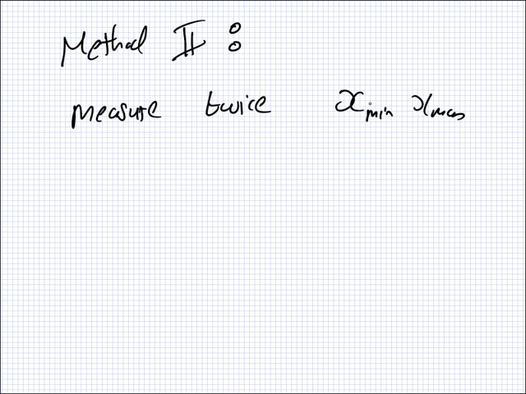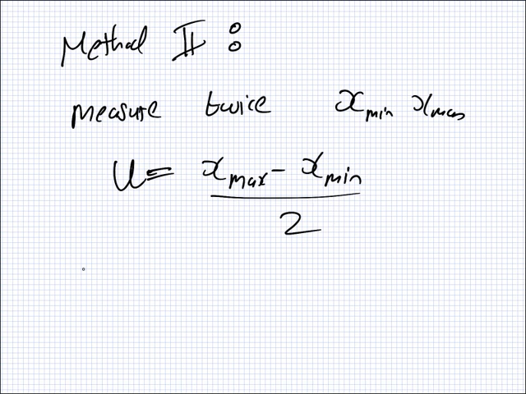They could, I suppose. Then the uncertainty is x max minus x min over 2. I'll give you an example. Suppose you let the pendulum swing 10 times, and the first time you do it, it took 19.6 seconds.